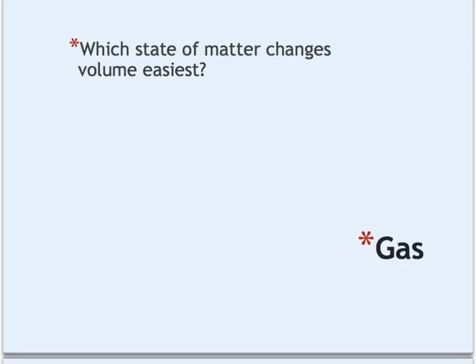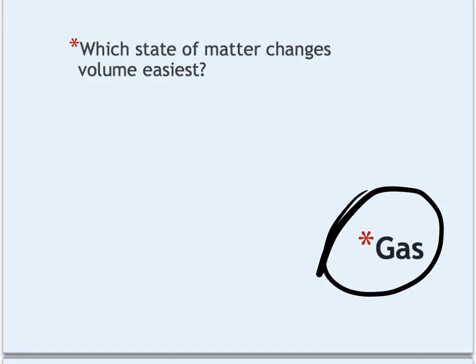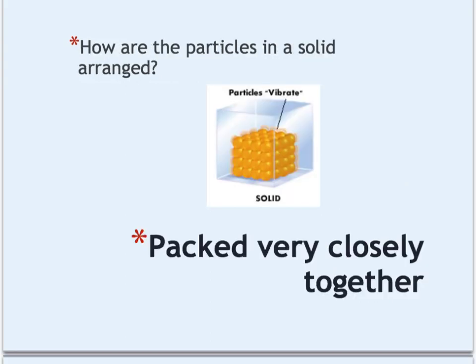Okay, which state of matter changes volume easiest? Gas. How are the particles in a solid arranged? As you can see in the picture, they are packed very closely together. We took a look at this and read in our book, and they do vibrate. So even though a solid per se is not moving from what we can see, those particles do vibrate back and forth.